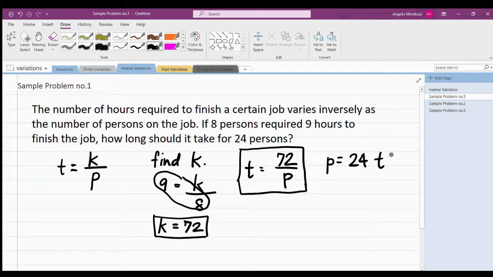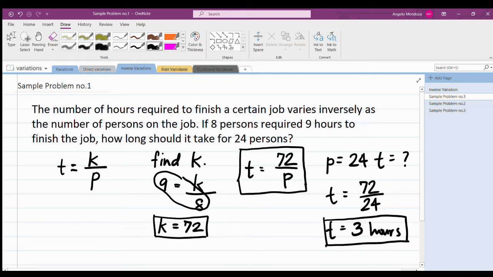So how long would it take to finish the job? You have t equal to 72 over p, which is 24. You just divide 72 by 24. So the answer here will be 3 hours. That is the final answer.